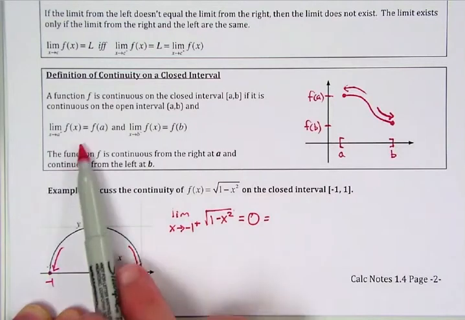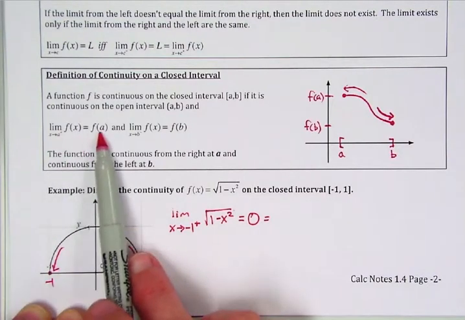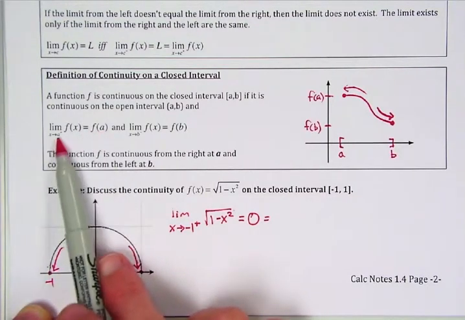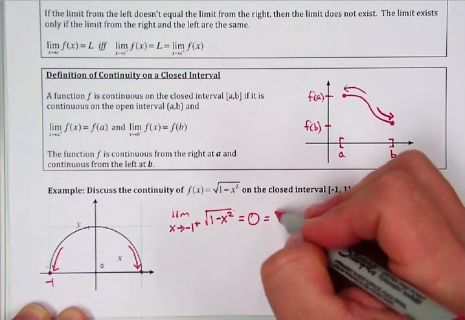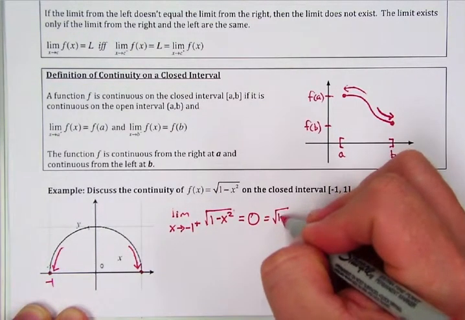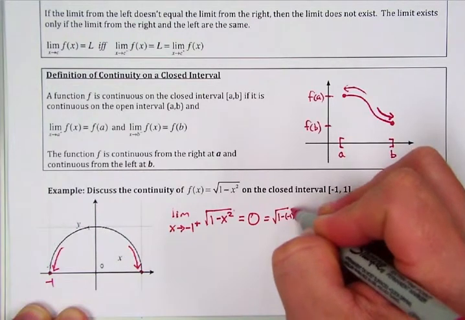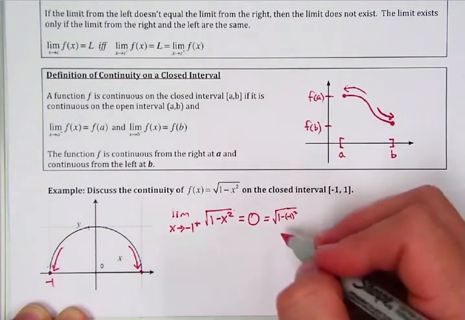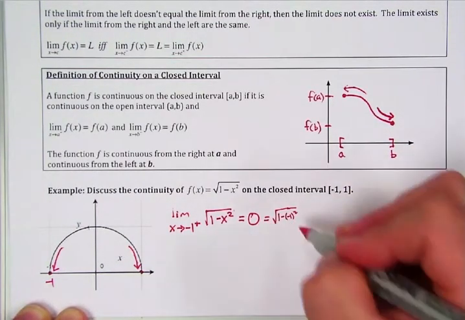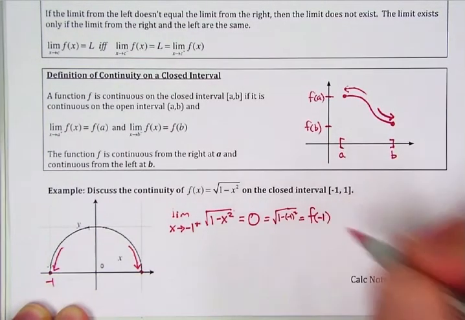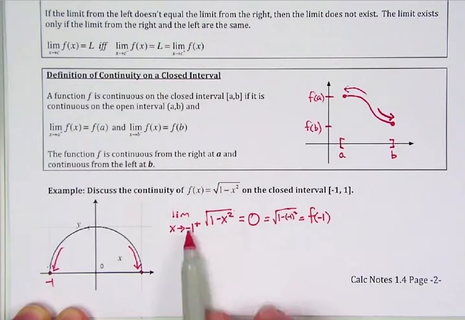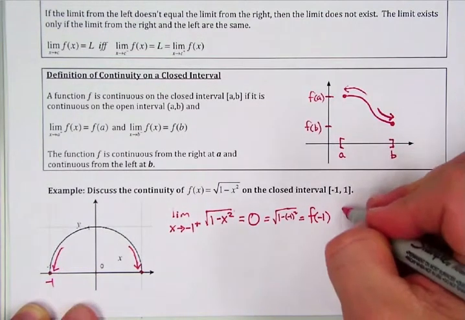And we set up here that it has to equal f of a, so whatever that value is. Here it's negative 1. So if I plug negative 1 in here, what do I get? So here we have 1 minus 1, the square root of 1 minus 1 is 0. So it does indeed equal f of negative 1. So that works. It is continuous from the right.